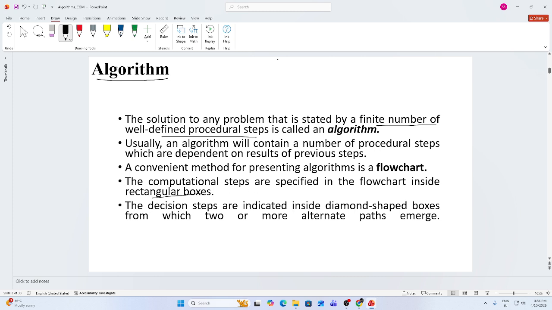For example, if I want to represent z equals x plus y, it is represented with a rectangular box. Also, for decision making, for example, if x is less than 0, I go this path; x is greater than 0, I go this path; or if x equals 0, I go this path. The decision is represented with a diamond shaped box. So this is the basics of what an algorithm is.